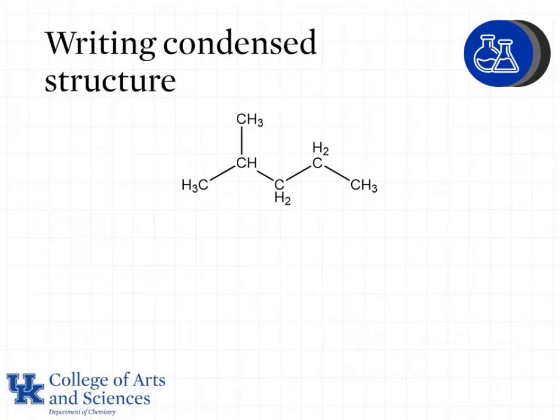So what we're starting with here is a skeletal structure, kind of an enhanced skeletal structure because I've already added in the hydrogen atoms. We're going to see how we can write this as a condensed structure that simplifies the way we write it, but also gives us more information about the atoms' connectivity than what we see when we just have the chemical formula.